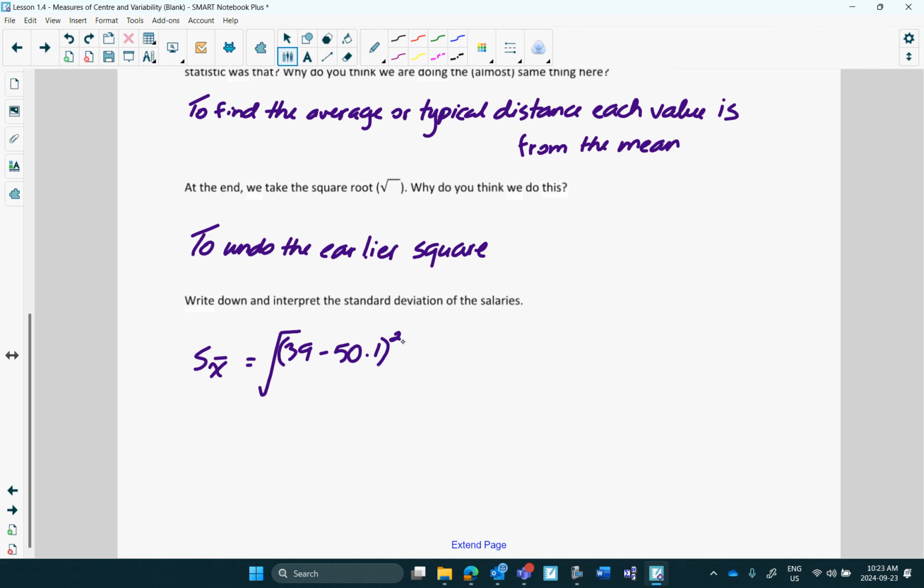Square. Then I'd have to take the second value in the list, 34, subtract the mean, square it.